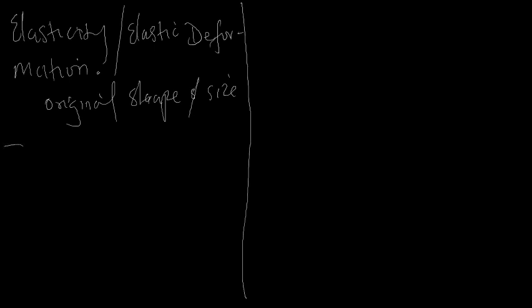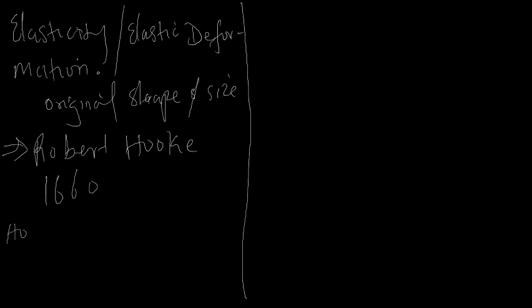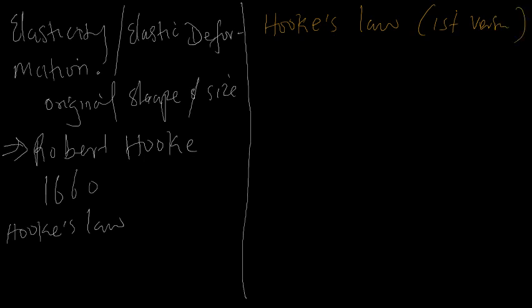Robert Hooke in 1660 studied this elastic property of solids, and then he gave his law, known as Hooke's law. Now, the first version of Hooke's law states that provided the elastic limit is not exceeded, the applied force is proportional to the extension.